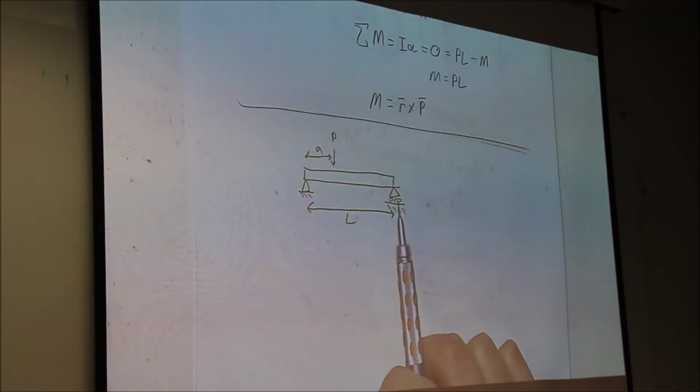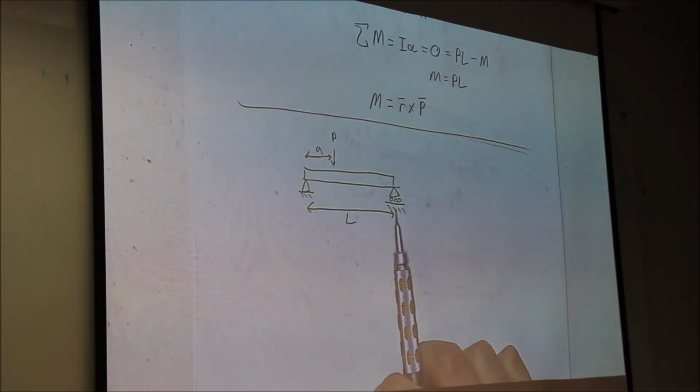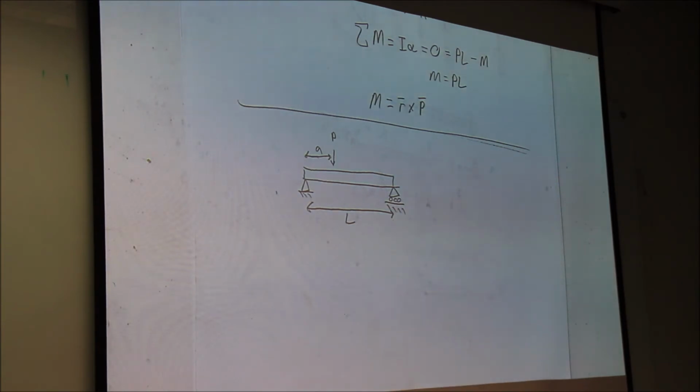This guy is a sliding pin, which means he can only take forces up and down, not left and right. Does anyone know why I made these two different things? That's how bridges and beams in real life work. When you put a force on the beam, it's going to bend, so it's going to make the beam shorter, so it moves in.